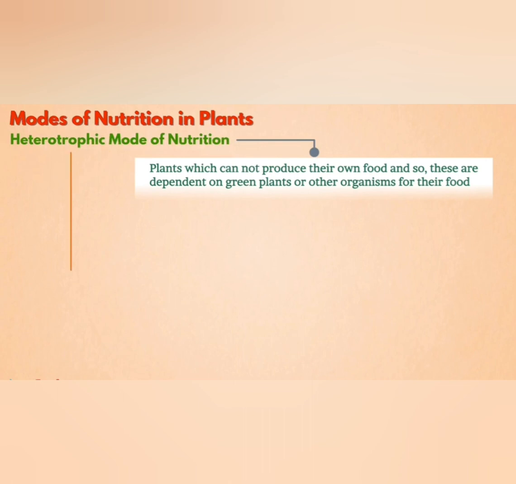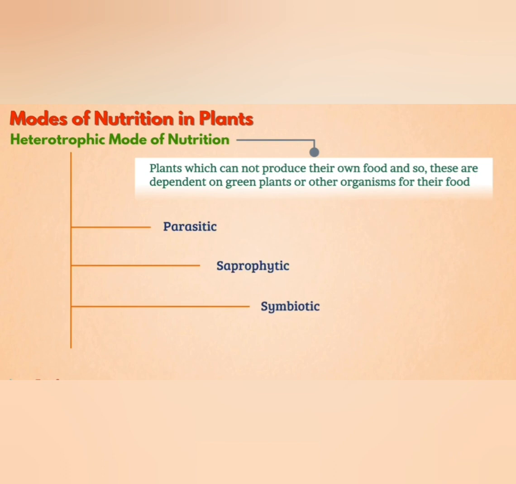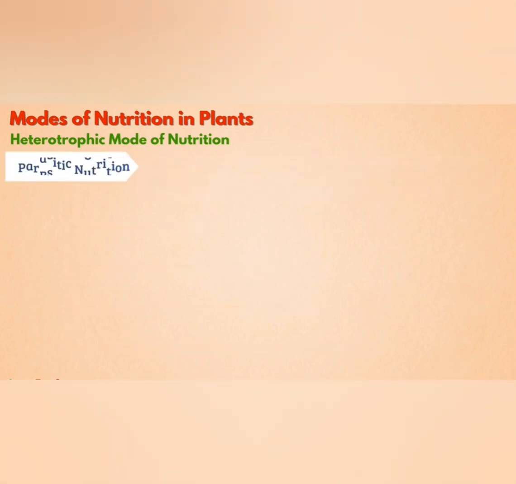Fine. These are of four types. First one is the parasitic, second is the saprophytic, third one symbiotic, and fourth one is the insectivorous mode of nutrition. So firstly, we will be discussing the parasitic mode of nutrition.